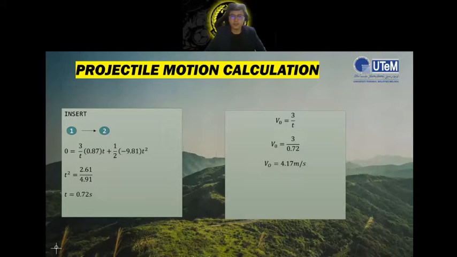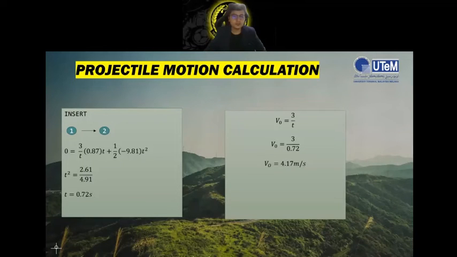Okay, for the last part of the projectile motion calculation, we combine the two equations that we got before to find the time taken and the velocity. The time taken is 0.72 seconds and the velocity is 4.17 meter per second.